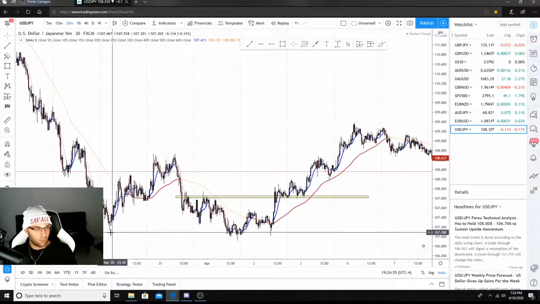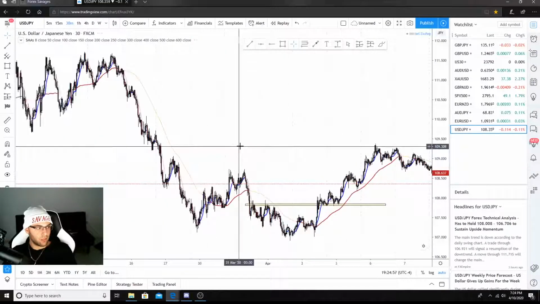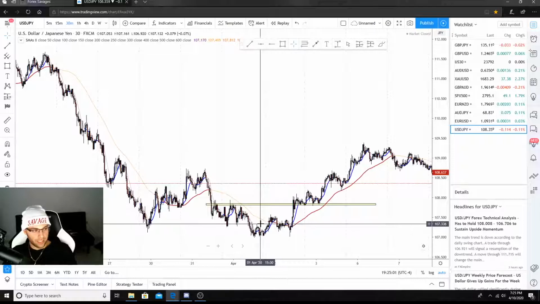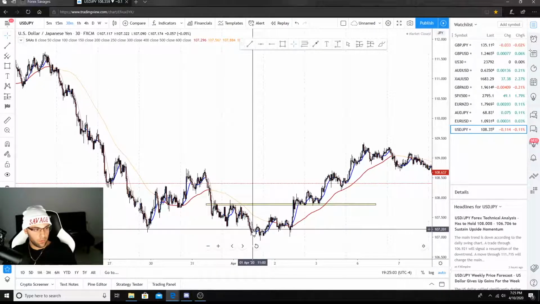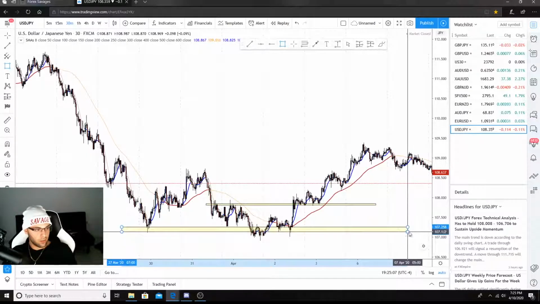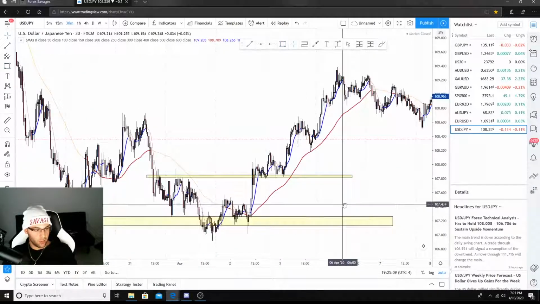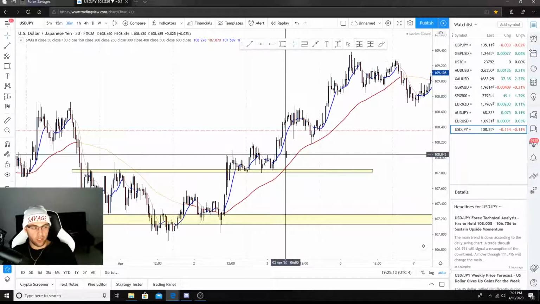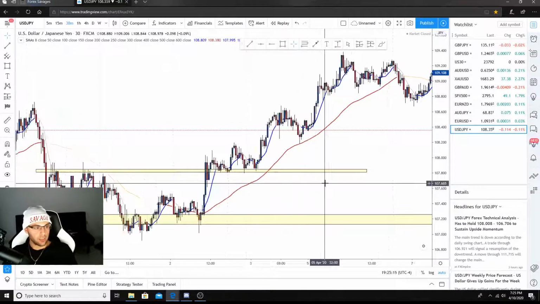In one moment we were uptrending, but for a while we were downtrending, then uptrended, came right back down, and boom. Another super strong level of support that held, and it came back. Now it looks like we're going to be continuing an uptrend.